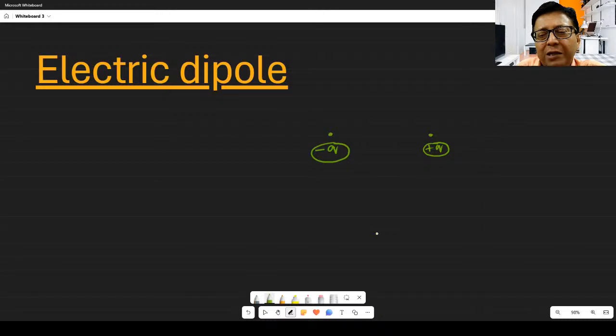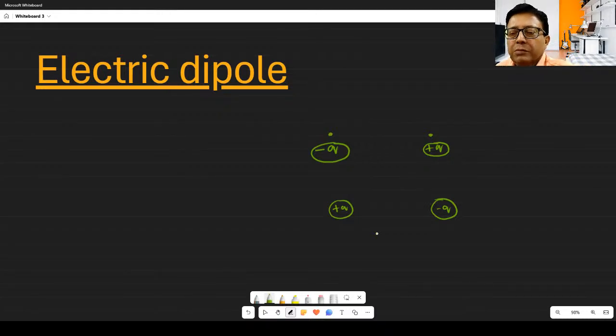Minus q and plus q is there, or you take this one plus q, this one minus q, whatever. Then this combination, when you assume that the distance between them is small, is known as electric dipole.